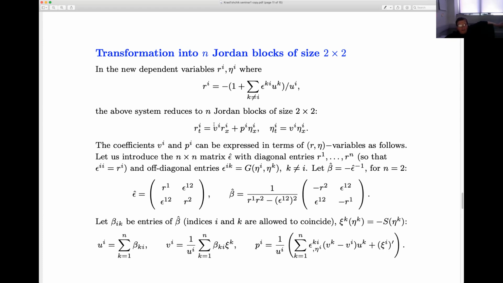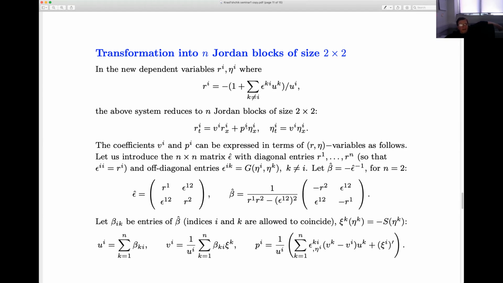So it's a 2x2 Jordan block, and there are n such Jordan blocks. What I need to show you is how to calculate these coefficients. What are the v_i's, the eigenvalues, and what are the p_i's, the terms above the diagonal?